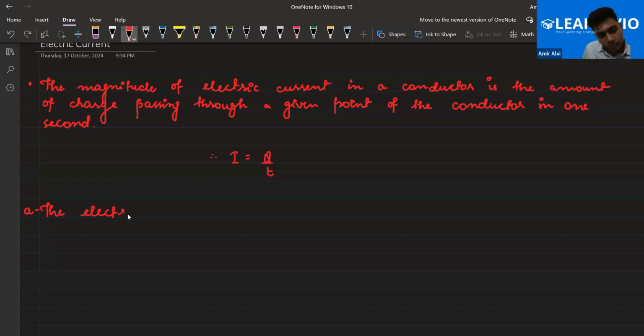So in normal words, the electric current is the flow of electric charge in a conductor, such as a metal wire.